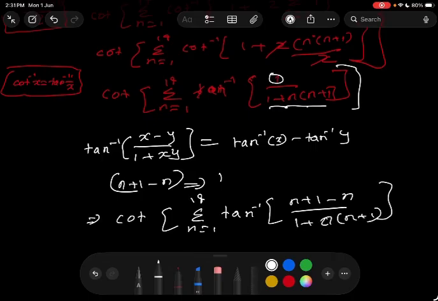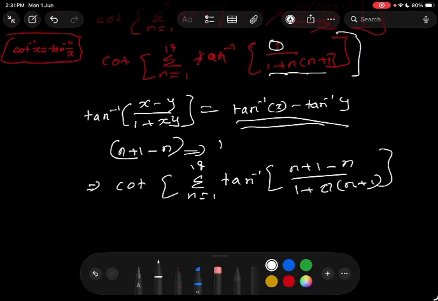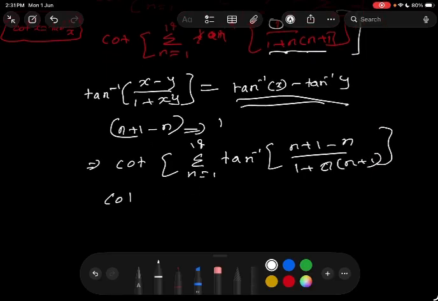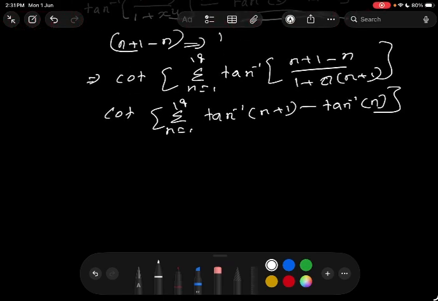As we can see, this term represents this formula. That means we can convert it into this thing, right? So cot of summation n equal to 1 to 19 tan inverse of n plus 1 minus tan inverse of n. Ta-da! Now let us just expand the series and observe.